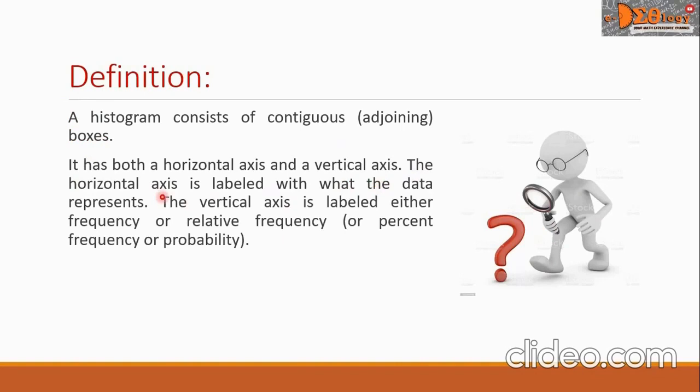The horizontal axis is labeled with what the data represents. The vertical axis is labeled either frequency or relative frequency or percent frequency or probability.